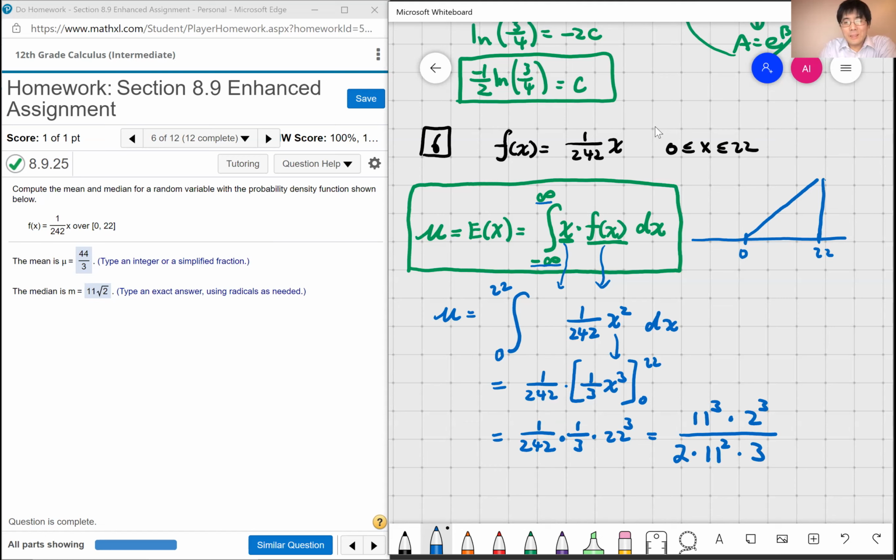That's how we factor it and reduce the fraction. So this is gone and this becomes 11, and this is gone, this becomes 4. So the answer is 11 times 4 over 3, which is about 14.67. So the average is somewhere here, a little bit slightly right of the midpoint.